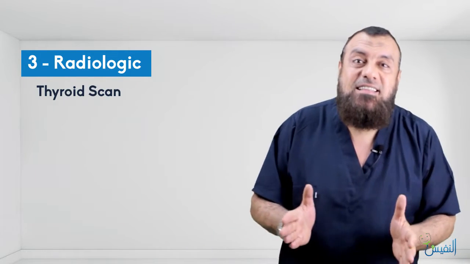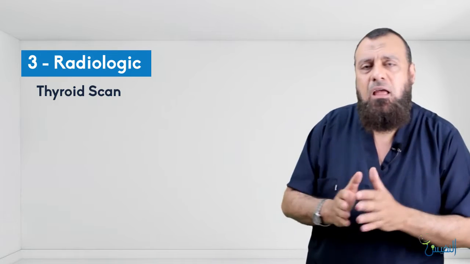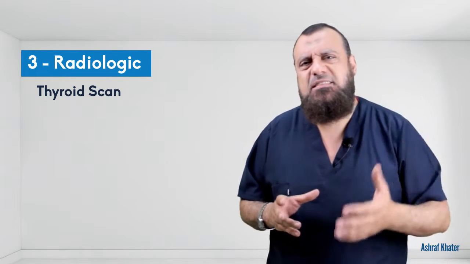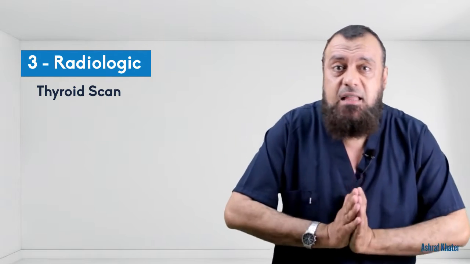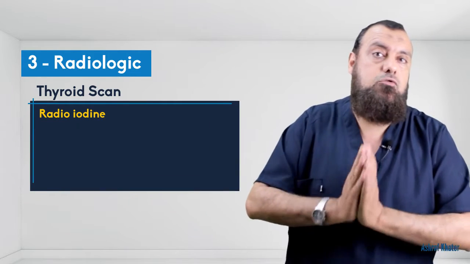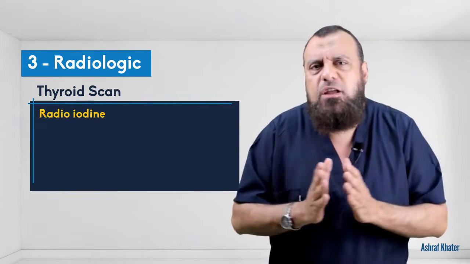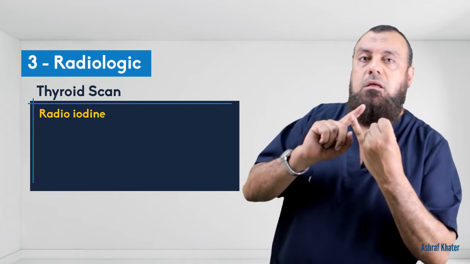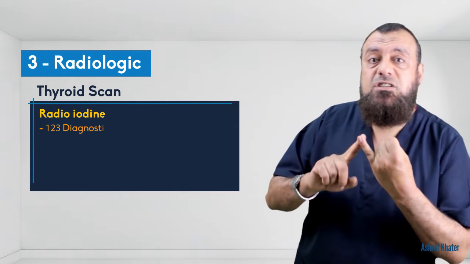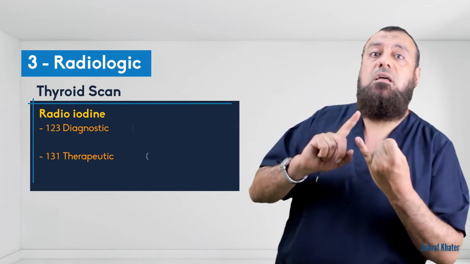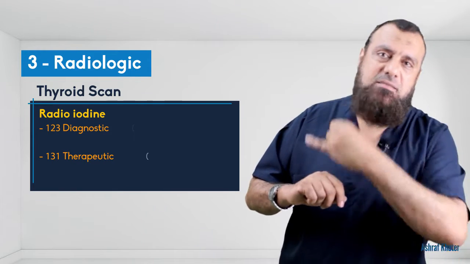Then what about the thyroid scan? Number one, what are the materials used in doing thyroid scan? We use radioactive iodine, and types of radioactive iodine may be iodine 123 and 131.